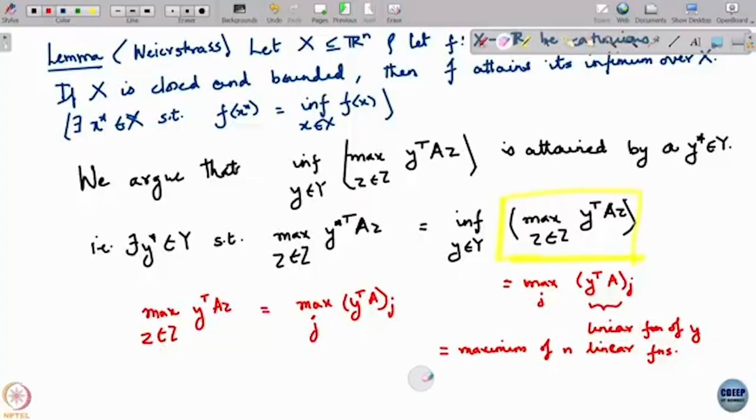It is, because it is after all just a linear function of y, a polynomial in y. And if you take the maximum of finitely many continuous functions, what you get is a continuous function. So therefore this is a continuous function of y.